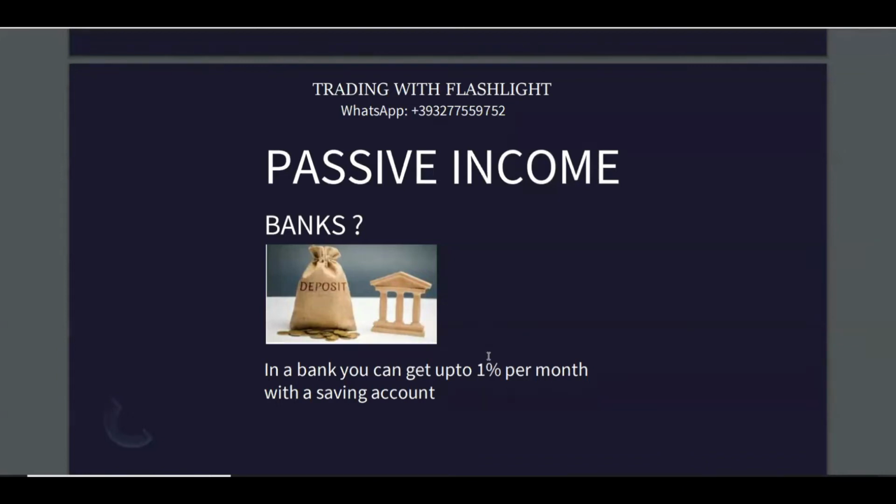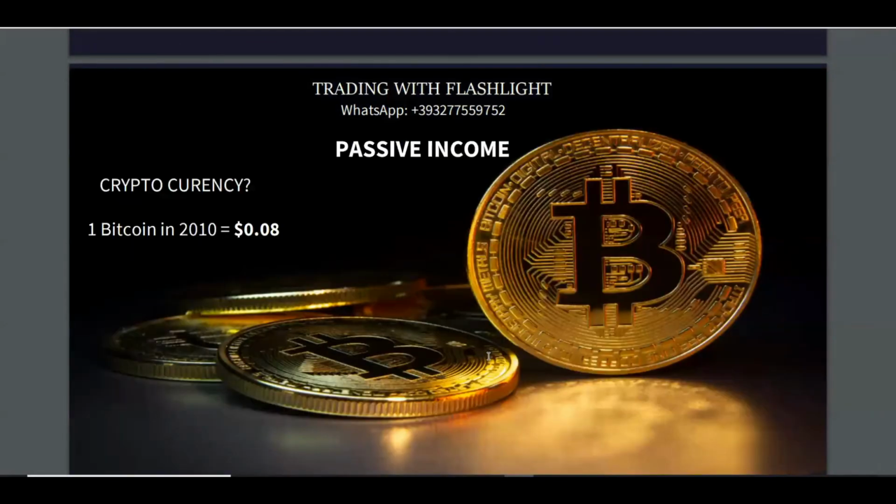Now, someone that decides to put his money in cryptocurrency, what are the advantages? Let's take for example one Bitcoin in 2010, simple history, it was $0.08. Now, what does it mean?